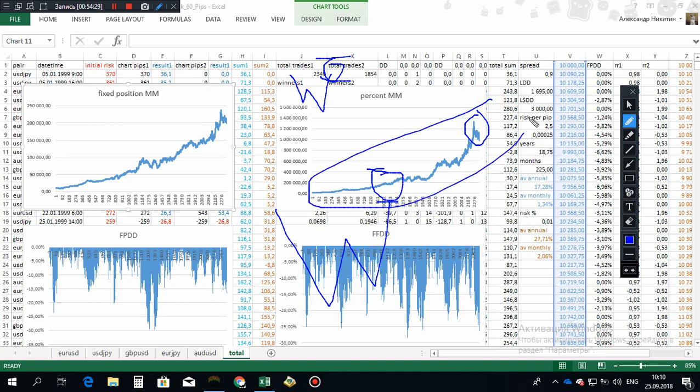That's why I am advocating for percent money management right now. Maybe in future, when I do a bit more research with some other algorithms, maybe I will change my mind. But for now, this one is obviously better than fixed position size.